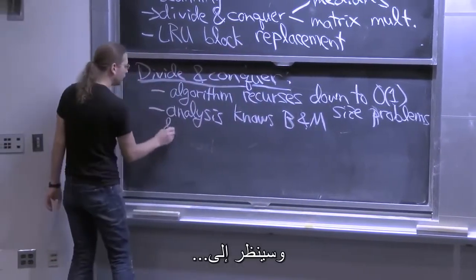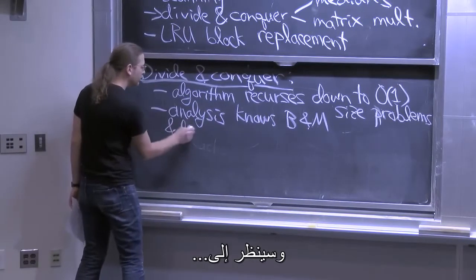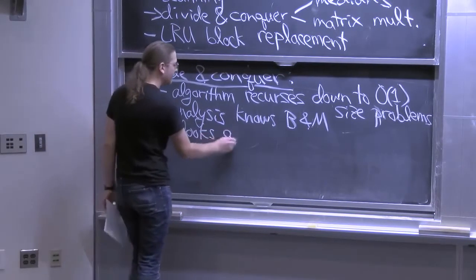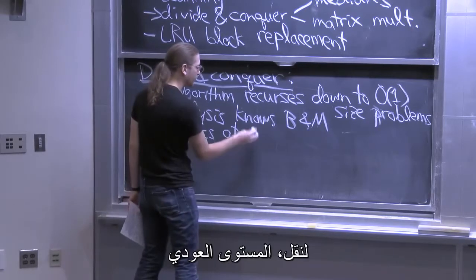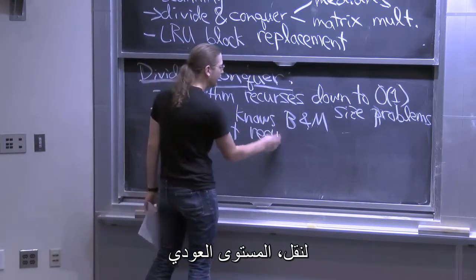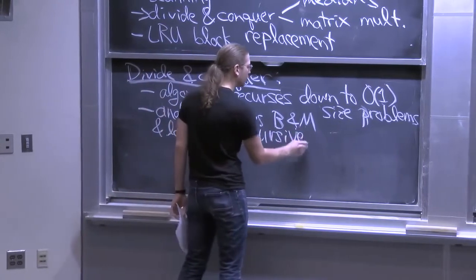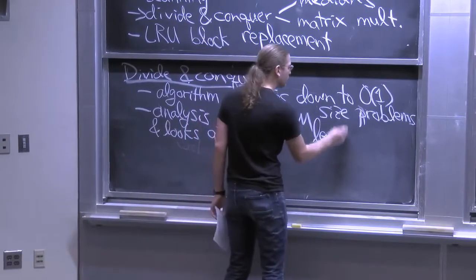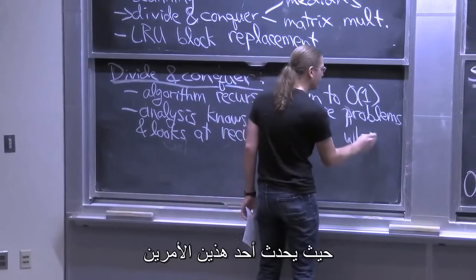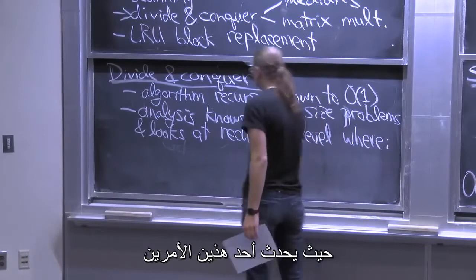And it's going to look at, let's say, the recursive level where one of two things happens.